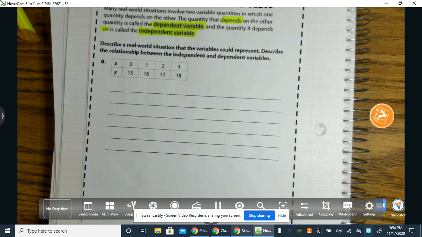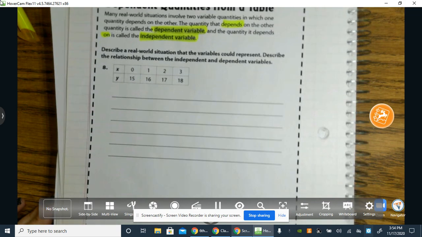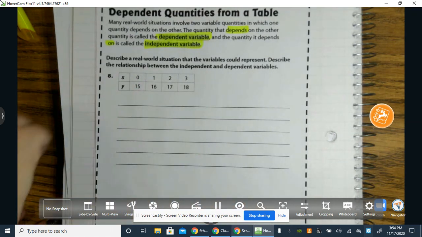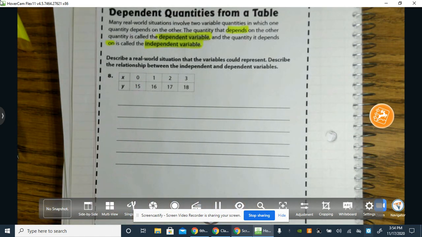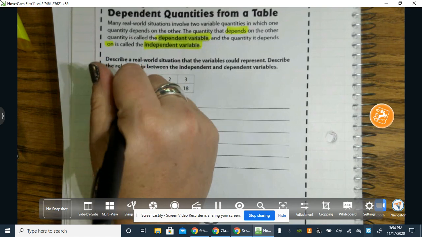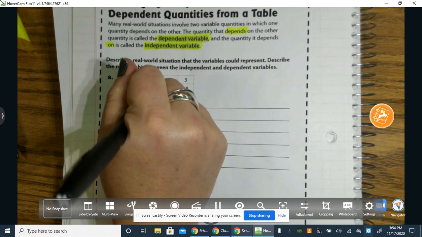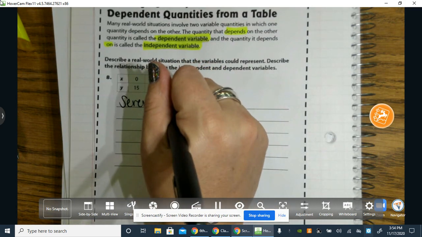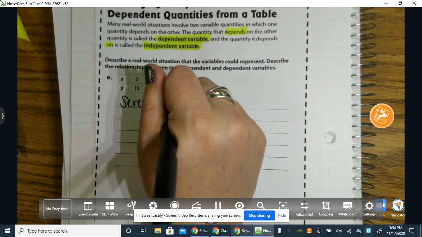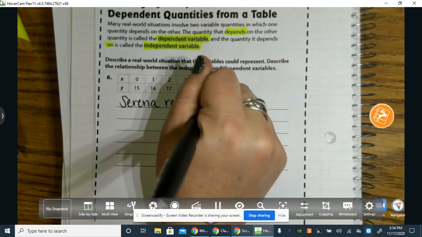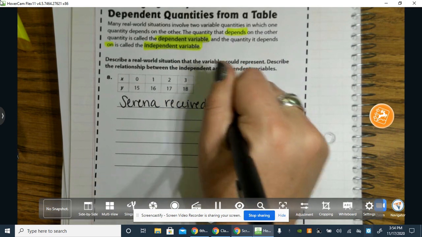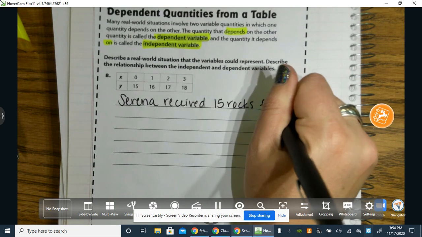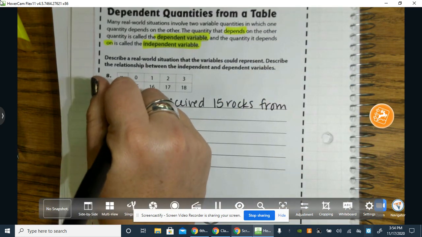So we're going to look at this table here, make a word problem. So we used Serena in our last class. So Serena received 15 rocks from her mother.